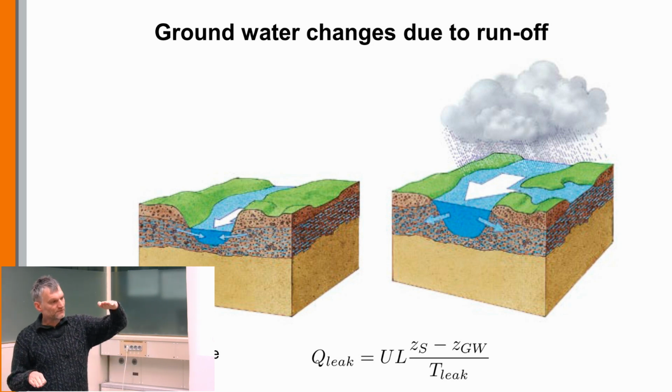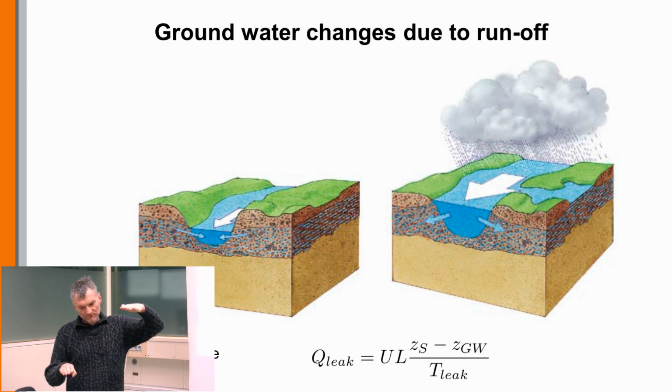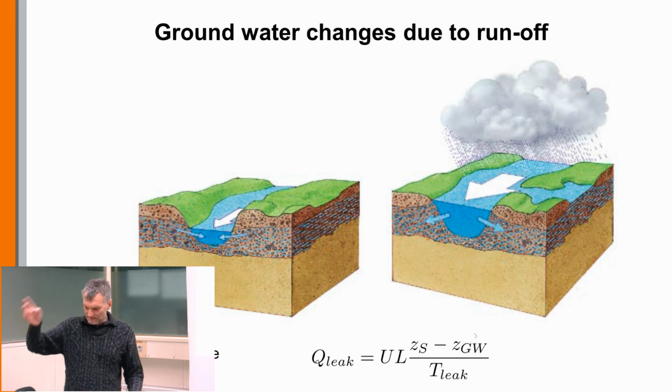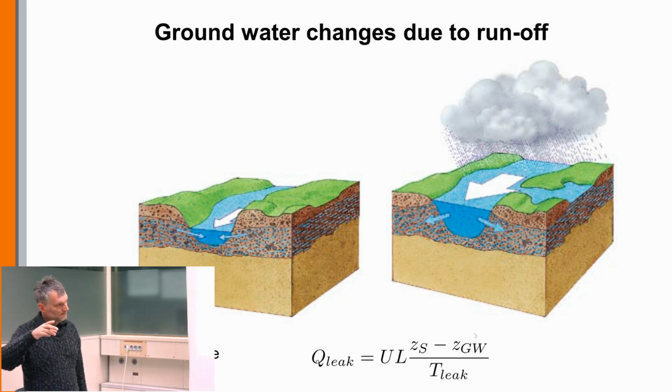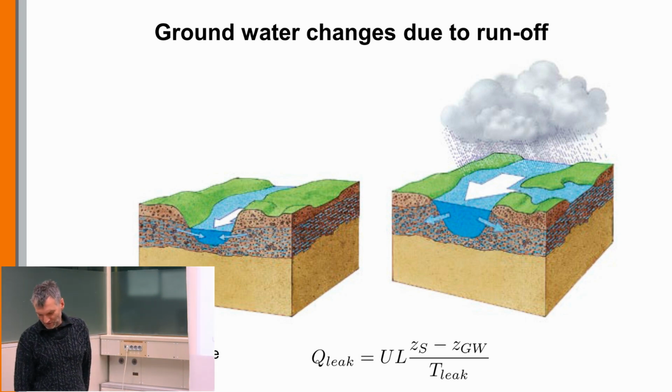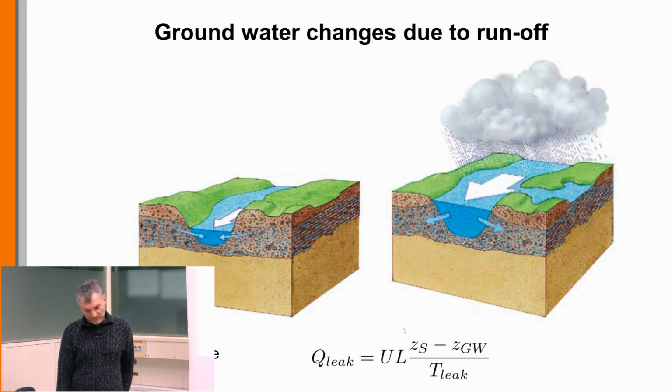When the river free surface is larger than the groundwater free surface, then there is a river flux into the groundwater. And when the groundwater level is larger than the river height, then there is groundwater flowing into the river. So this difference is very important.